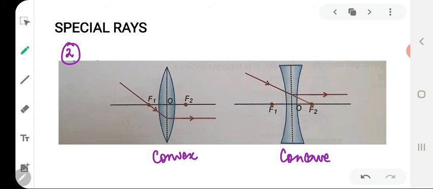Once again I repeat, a ray of light passing through or directed to the principal focus emerges parallel to the principal axis after refraction.